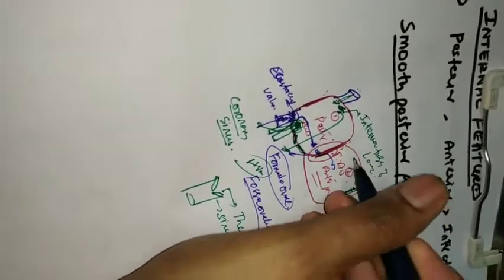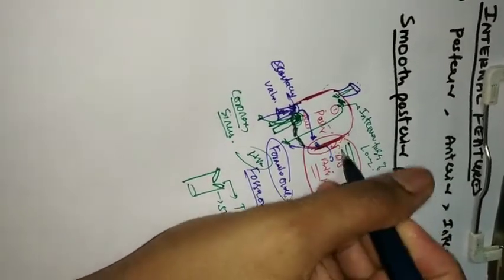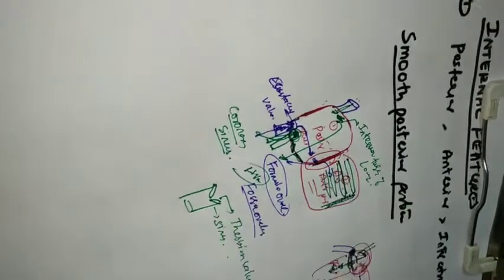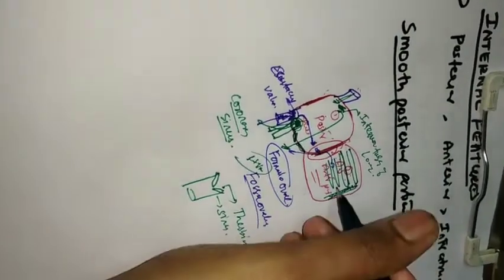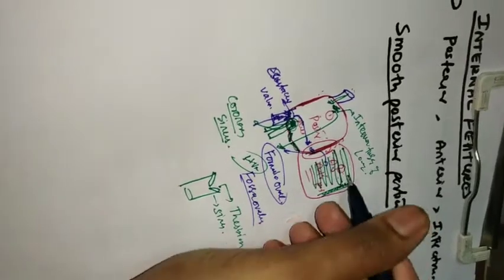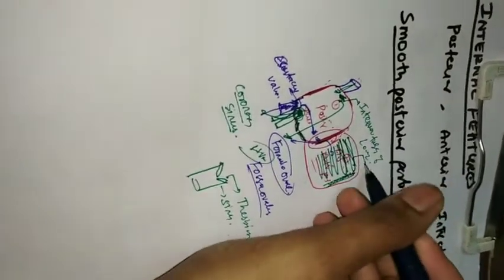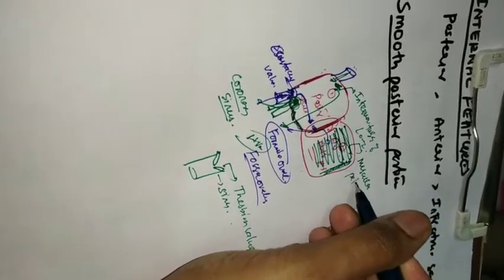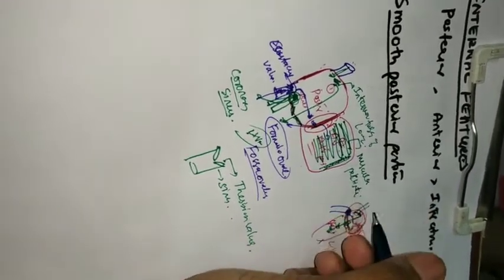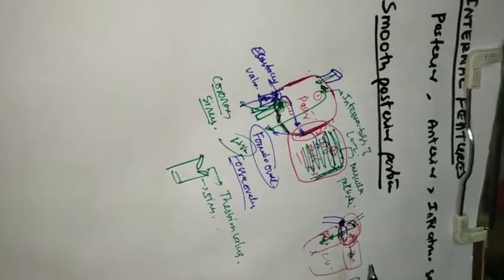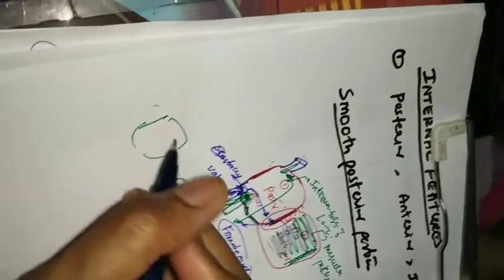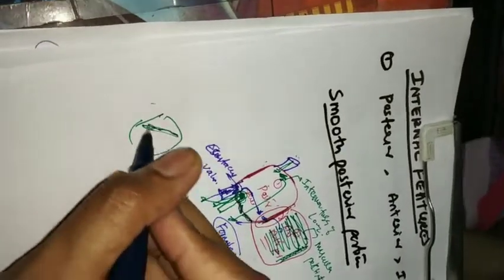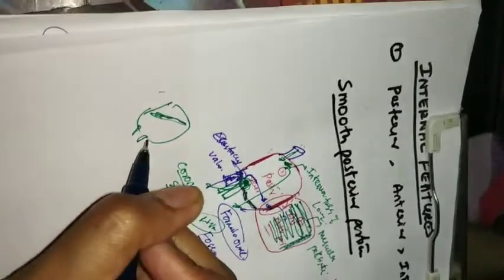From here you have muscles coming like this, known as musculi pectinati or pectinate muscles. I will show you their direction: they are directed towards the orifice.